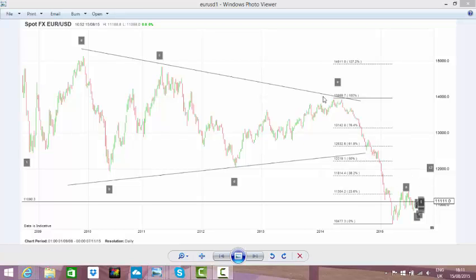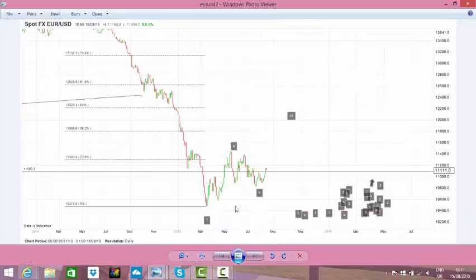Let's zoom down in here, and we'll get a closer view of what's happening now. This is our decline into wave 1 down. What we'd expect is an ABC and a decent retracement into somewhere around the 50% mark, marked here at 122.20.